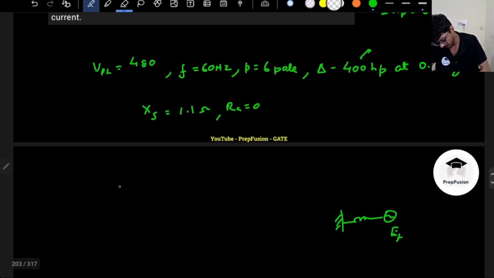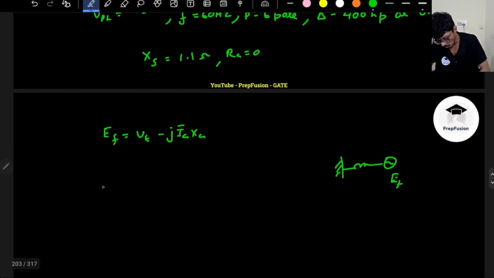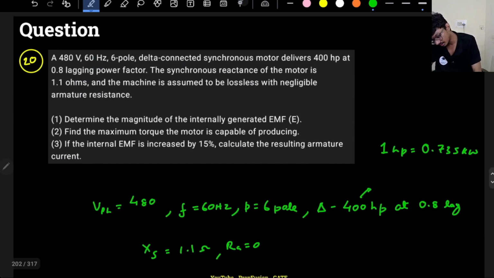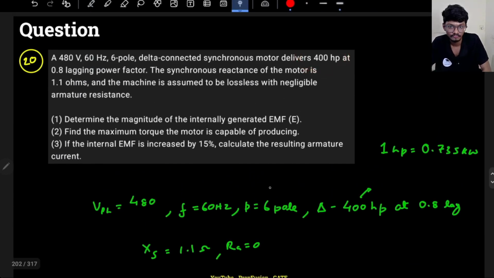So EF will be Vt minus J IA XA. What is IA? One thing I know, root 3 into VL IL cos phi equals power, the three phase power. It has told me that it is delivering 400 HP.